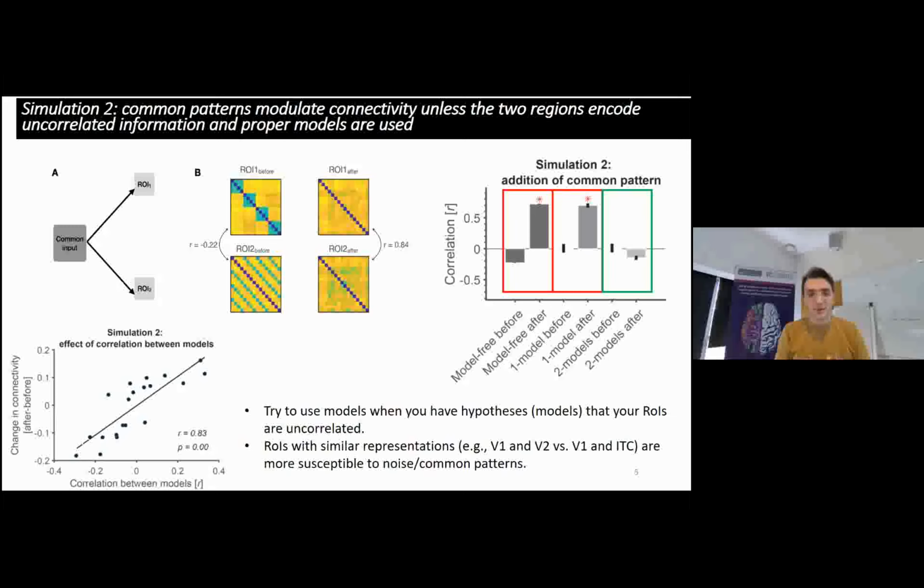This result implies that ROIs with similar representations, such as V1 and V2, for example, are more susceptible to noise or common patterns in which you are not interested if you're using two model RCA. But regions which encode two different aspects of information might be less susceptible to noise or unwanted patterns that you are not interested in.